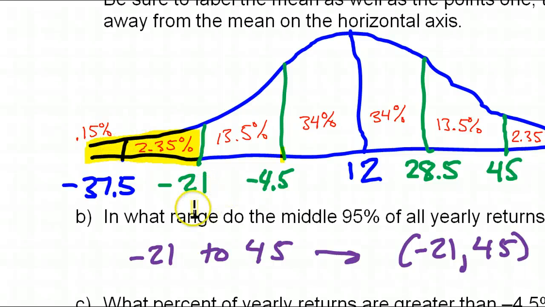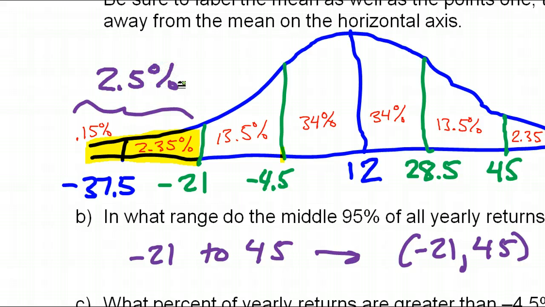So negative 21 is greater than, let's see, if I add these two numbers together, 0.15 and 2.35, what I get is 2.5%. That means negative 21 is the 2.5 percentile. Just count up. It's sort of like a less than or equal to this number.